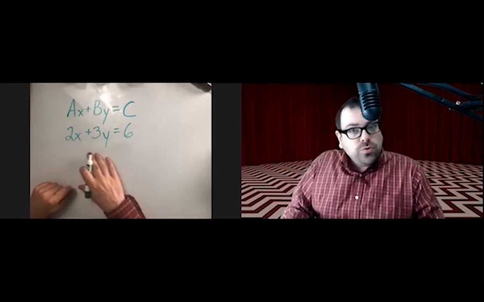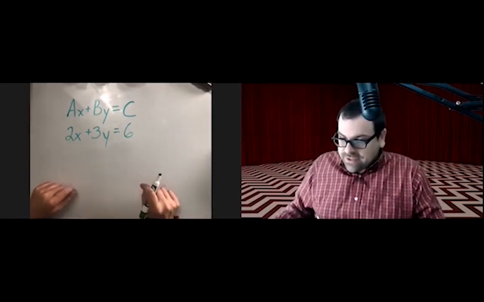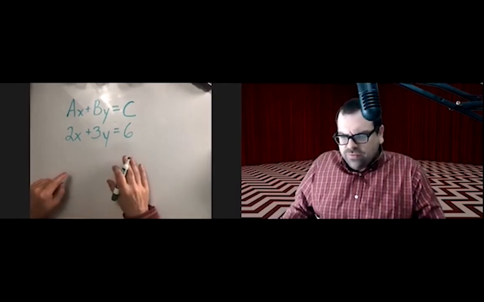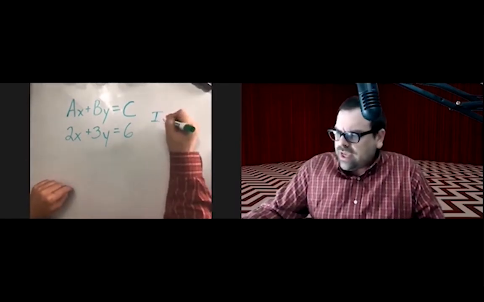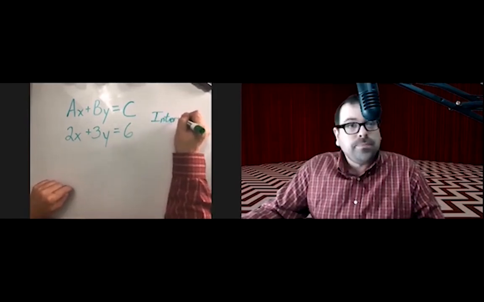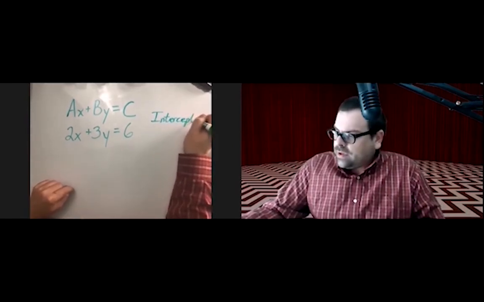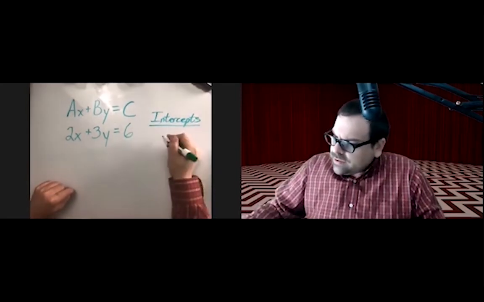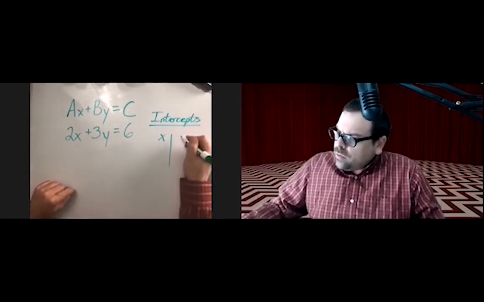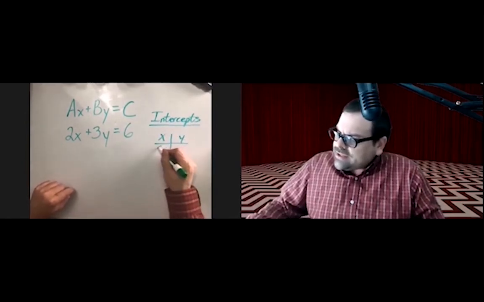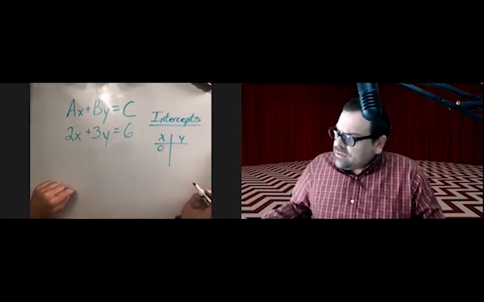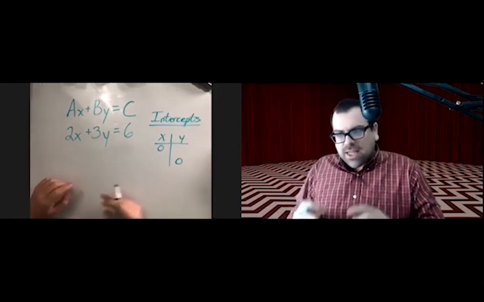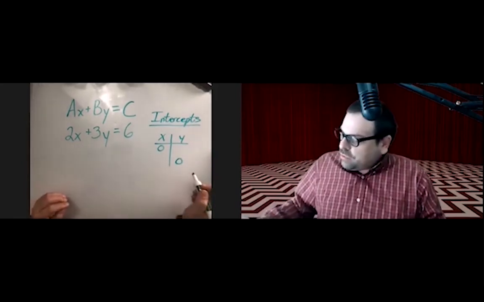There are two ways we looked at to graph something like this. The first involved the intercepts. And remember, intercepts were the points where x is 0 and where y is 0. For a line, that gives us 2 points.